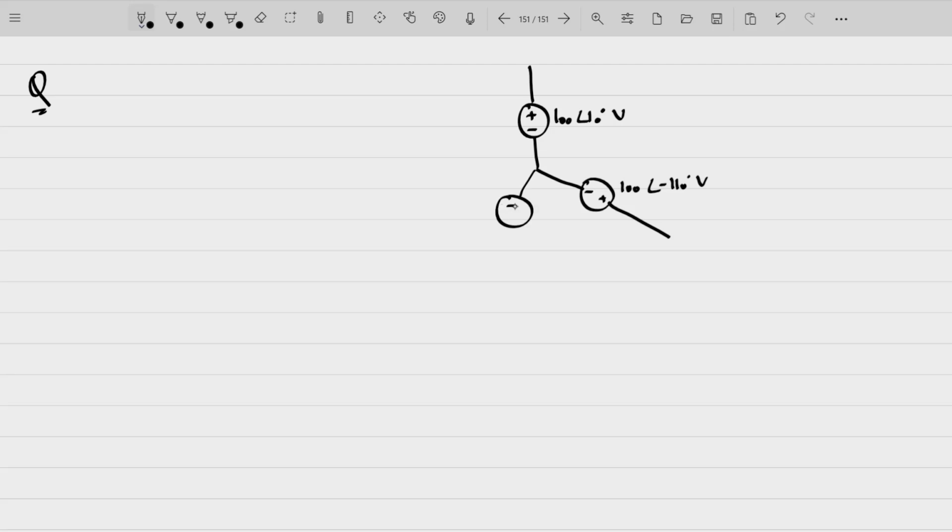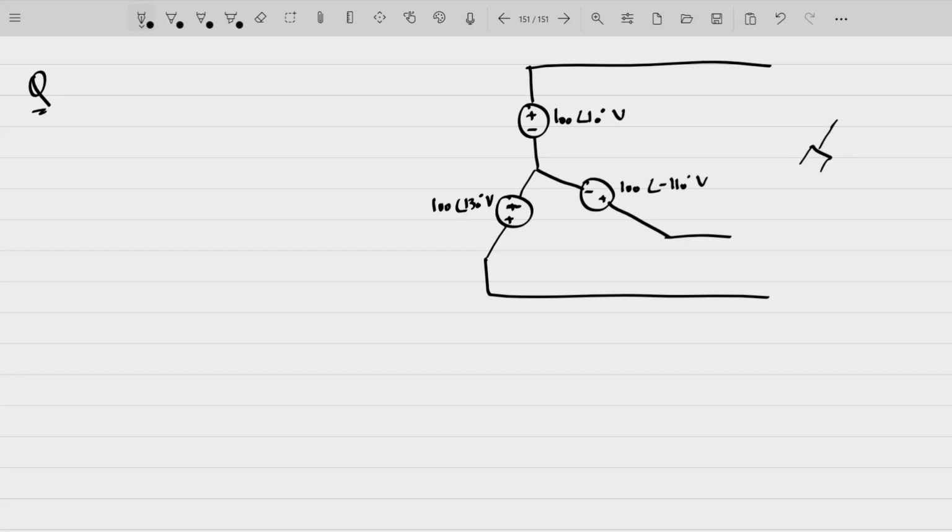And this is 100 angle 10 plus 120, that is 130 degree volts. Now this star connected source is connected to a load having impedance of 8 plus 4j per phase. That means in each phase you have 8 plus 4j connected.